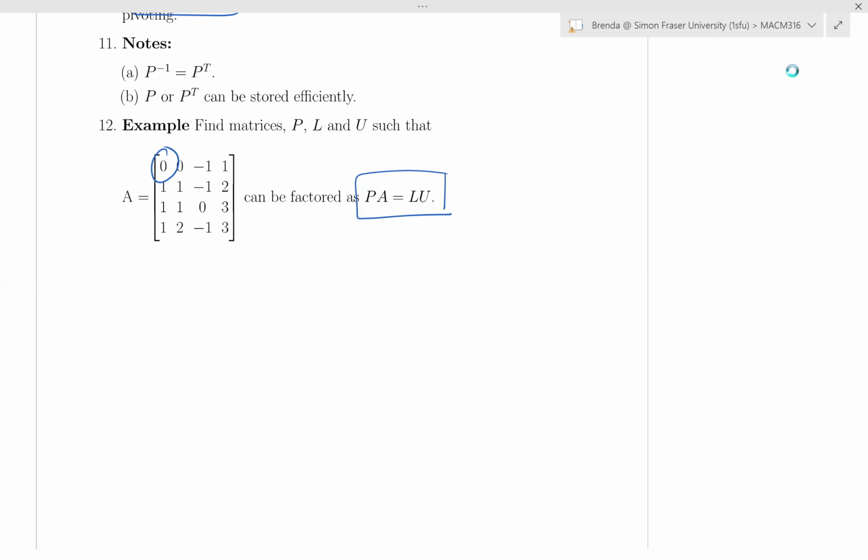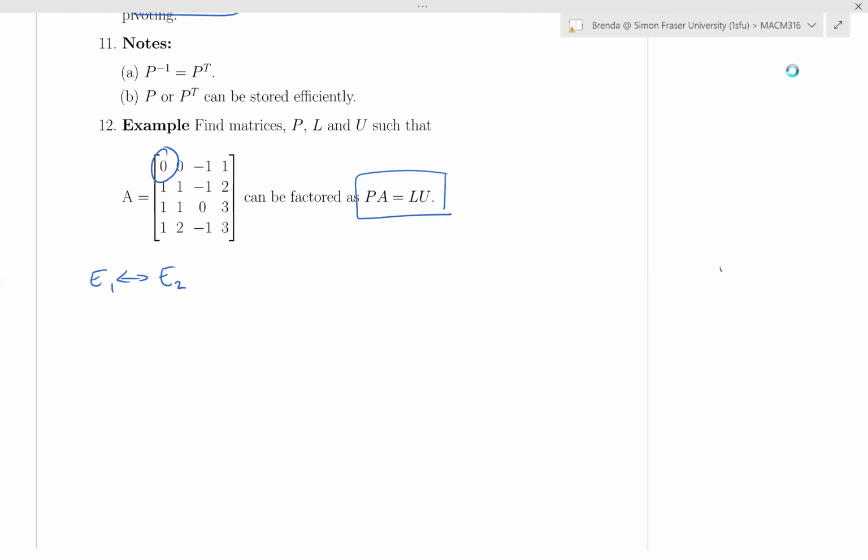Okay. We're going to do the same thing: proceed with Gaussian elimination, and keep track of row interchanges. The first thing I see is that I'm going to have to make a row exchange. So I'm going to exchange row 1, E1, with E2.